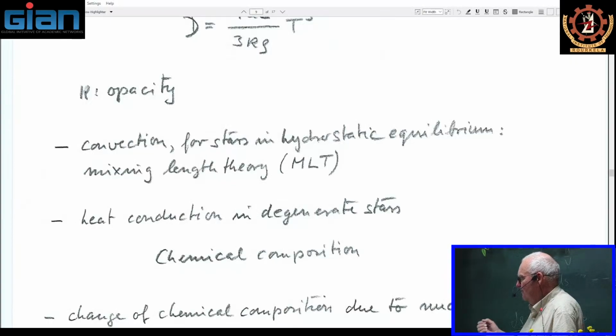So what is left here is the so-called mixing length theory. I would not like to address it as a theory. It's like an engineering prescription for how to calculate the convective energy flux. It is a summary of several very reasonable physical assumptions taken together to provide a prescription for how we might describe the energy transport by convection.